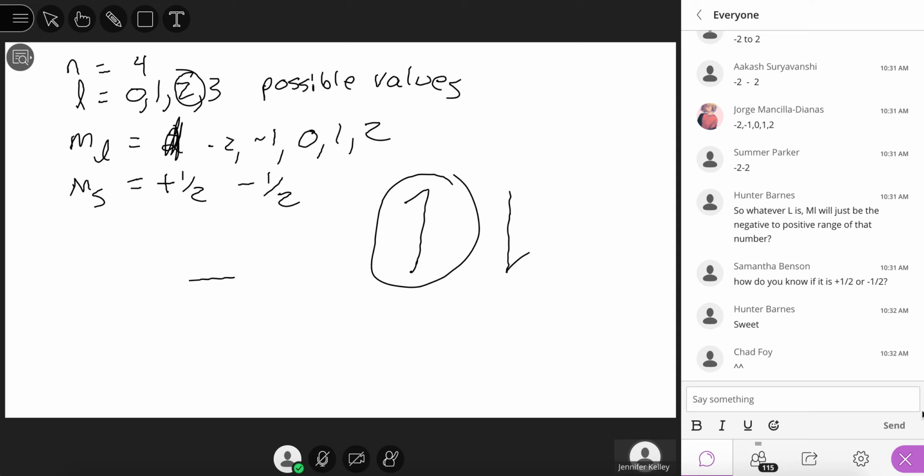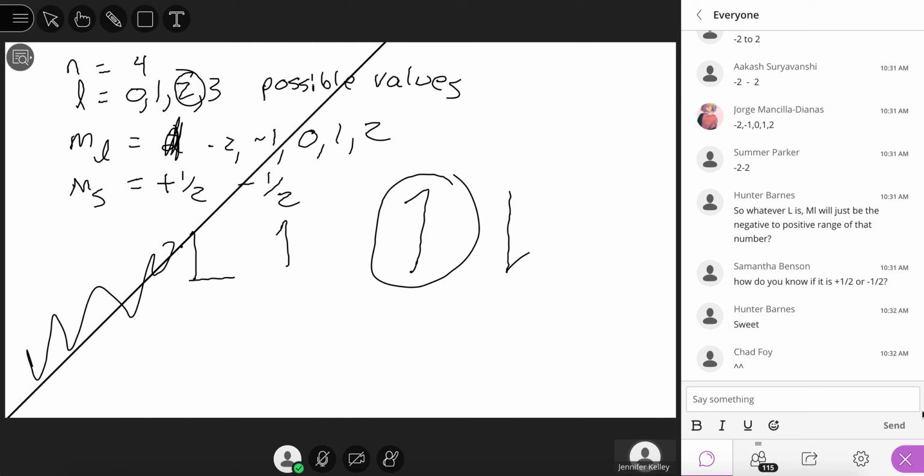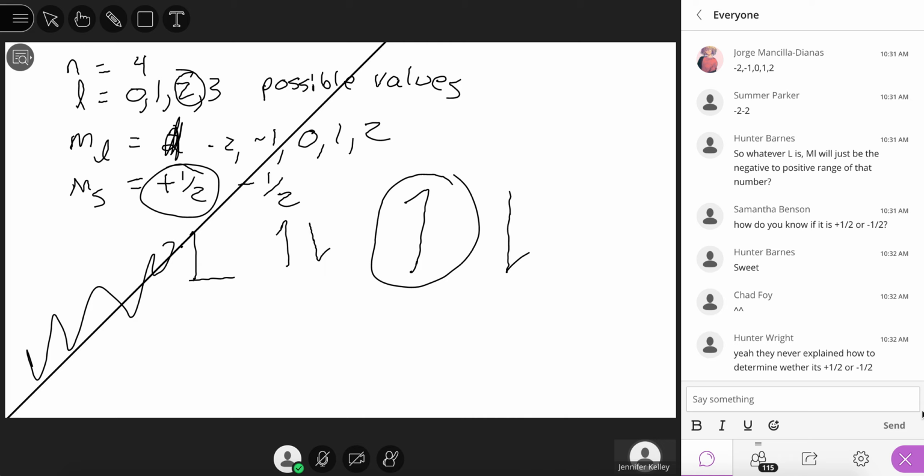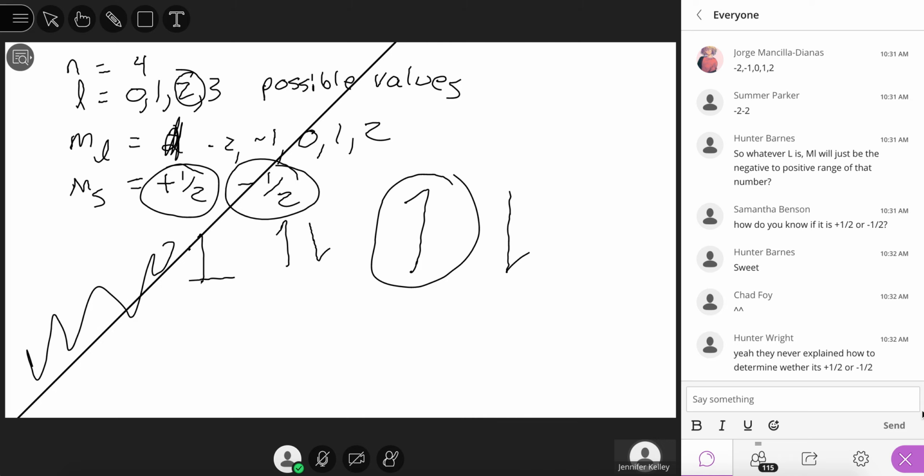It could be either up or down. Spin up is like this, and that corresponds to plus a half. And spin down is like this, and that corresponds to minus a half.